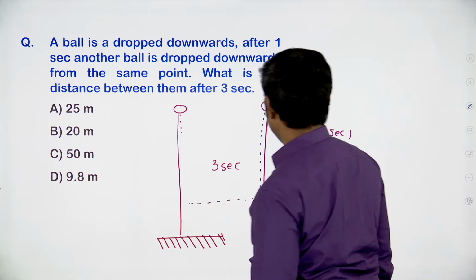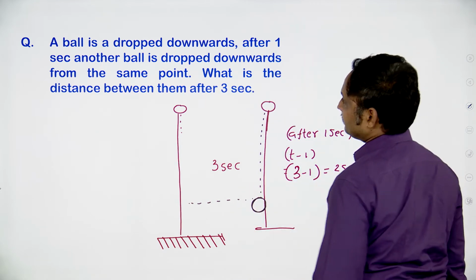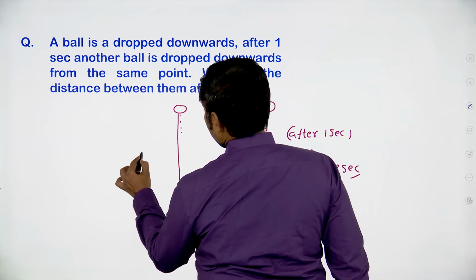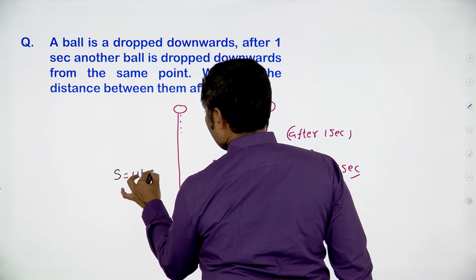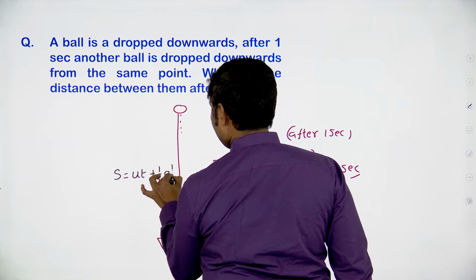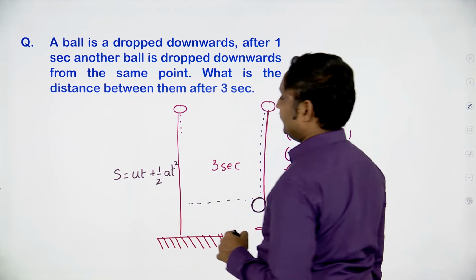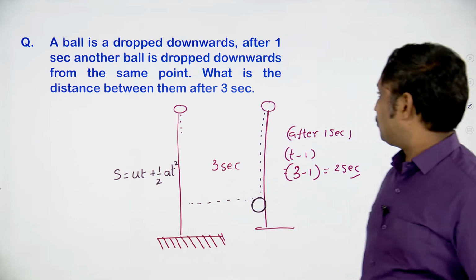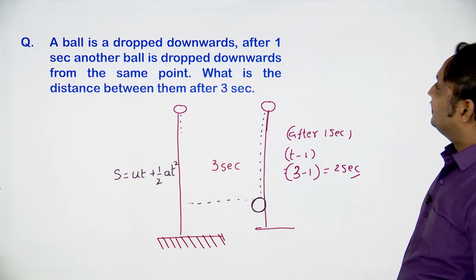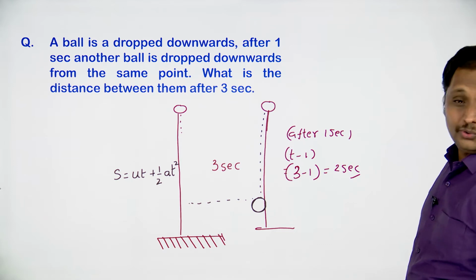Everyone has to follow this one. The general equation is S is equal to ut plus half at square. It's very clear. But they have not given the initial velocity. It has been dropped, it is allowed to drop down.